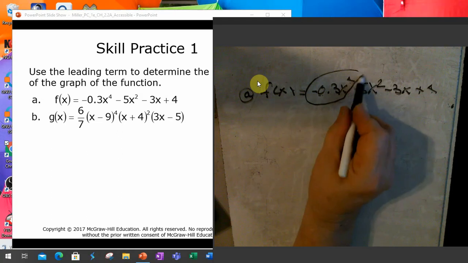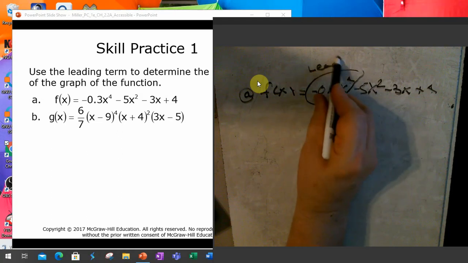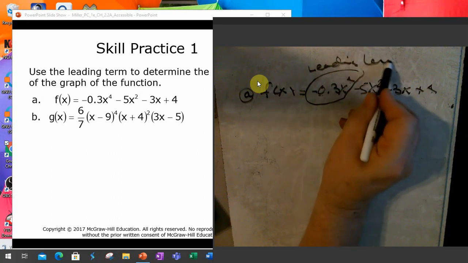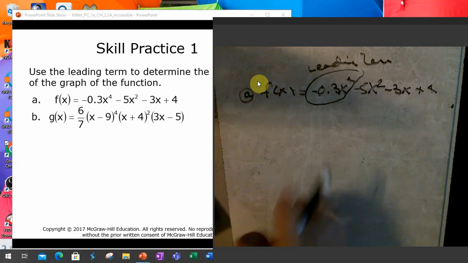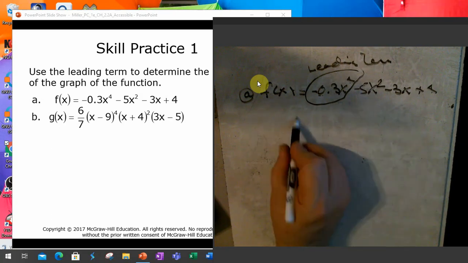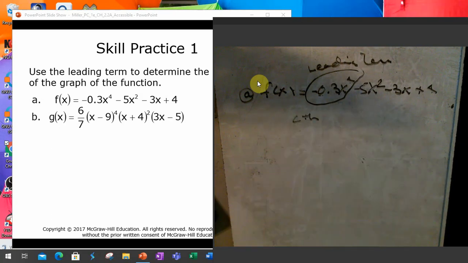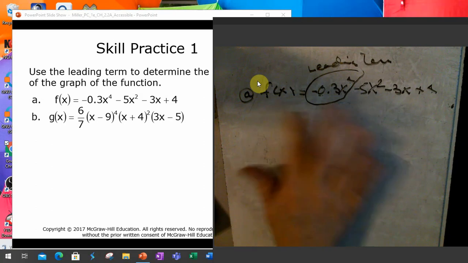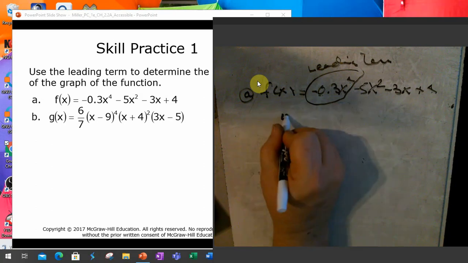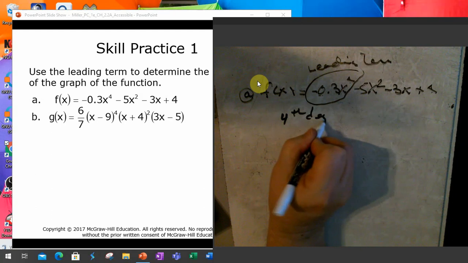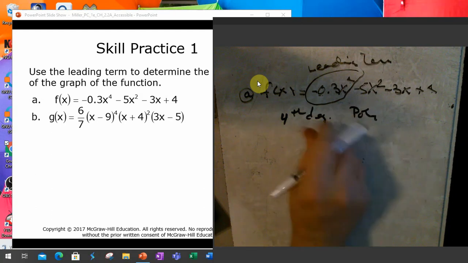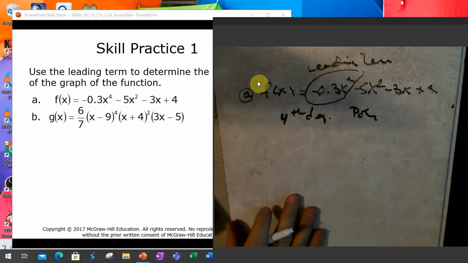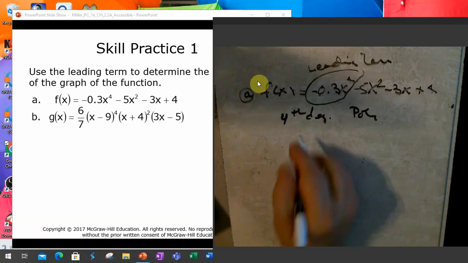Here is the leading term. That's the biggest term. This is the only thing I have to worry about. This is a 4th degree polynomial. We classified it as a 4th degree polynomial, okay?